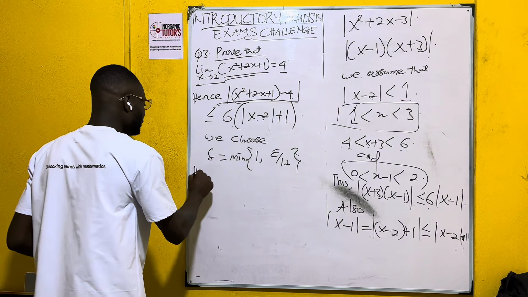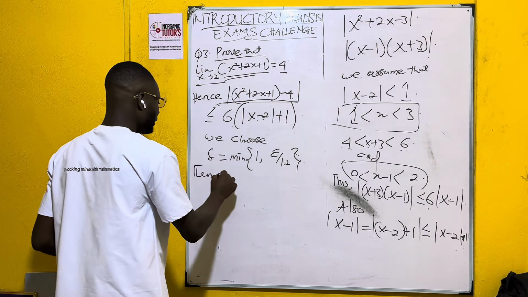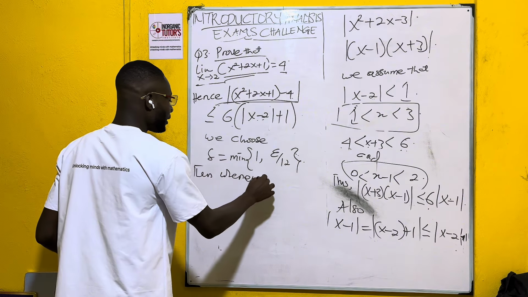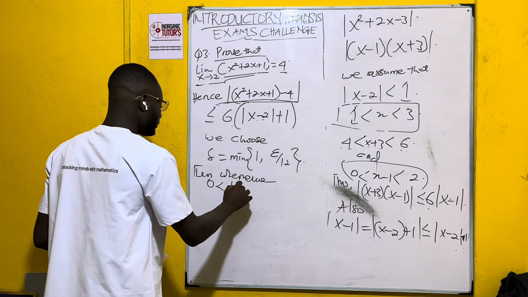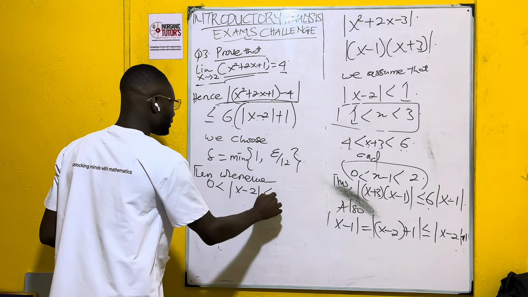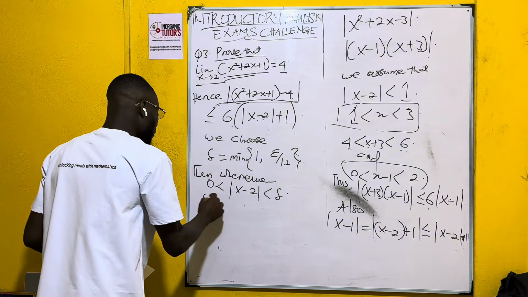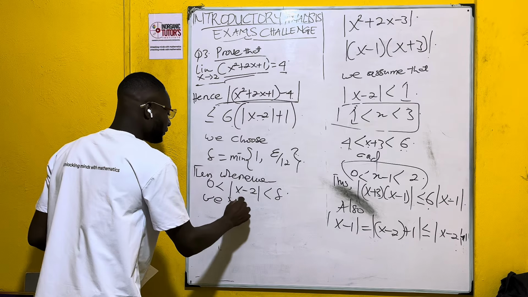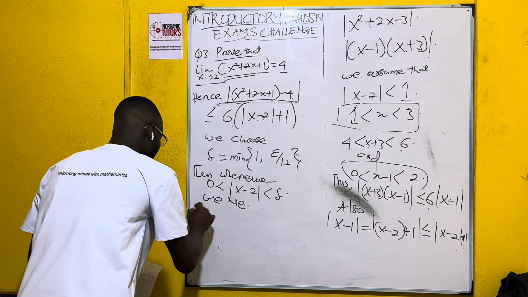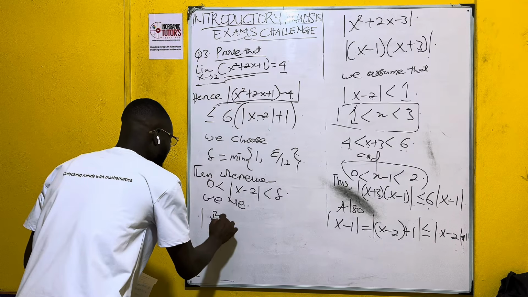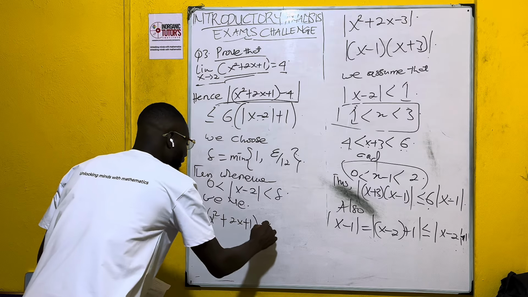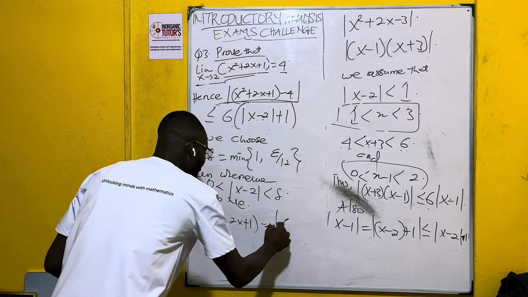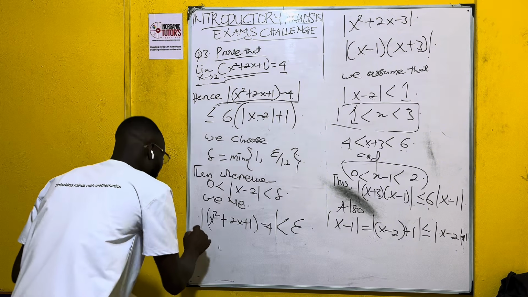So then, whenever 0 is less than the absolute value of x minus 2 less than delta, we can have the absolute value of x squared plus 2x plus 1 minus 4 to be less than epsilon.